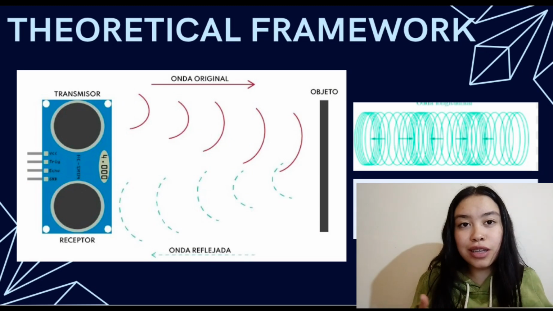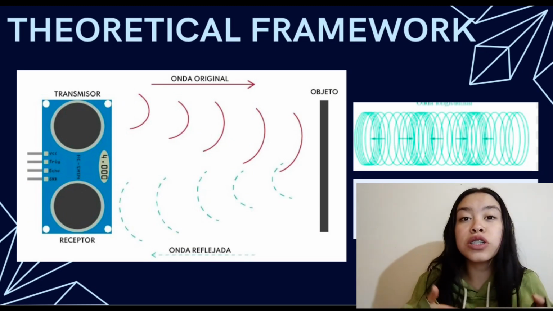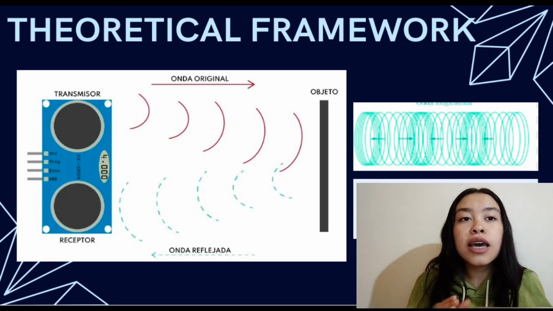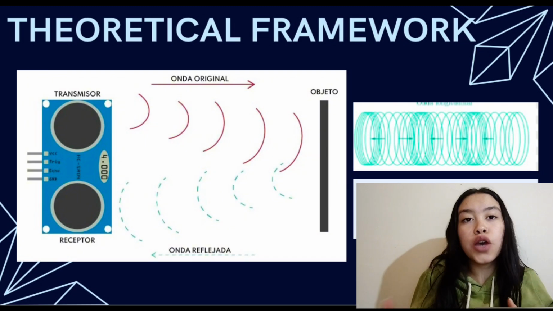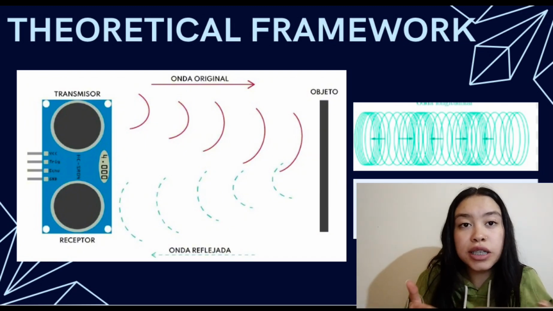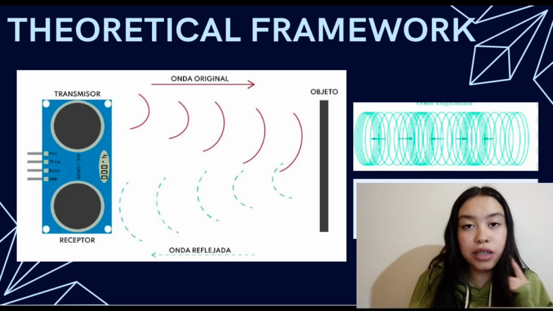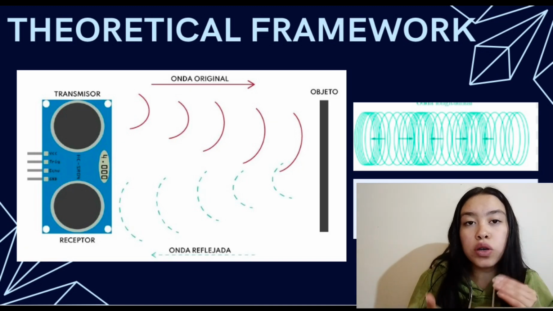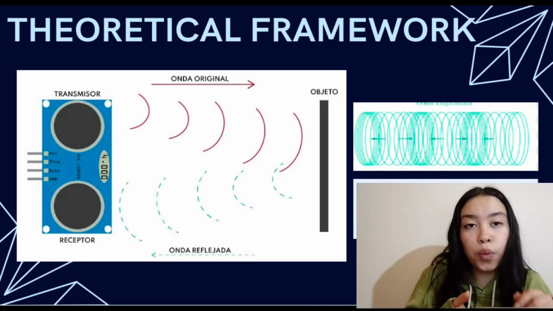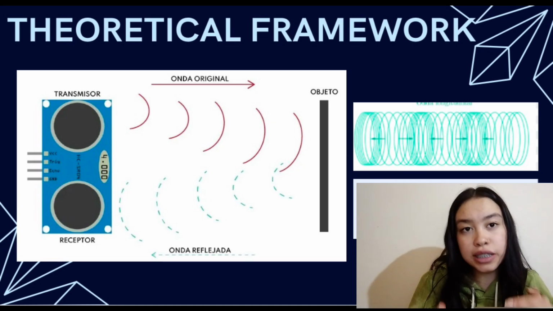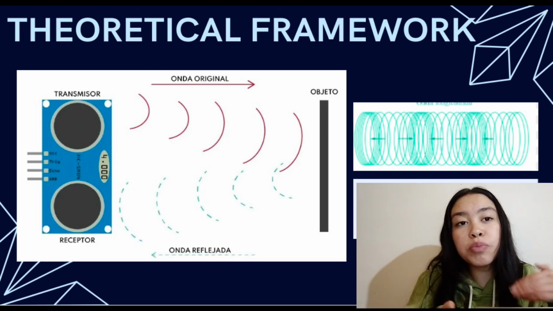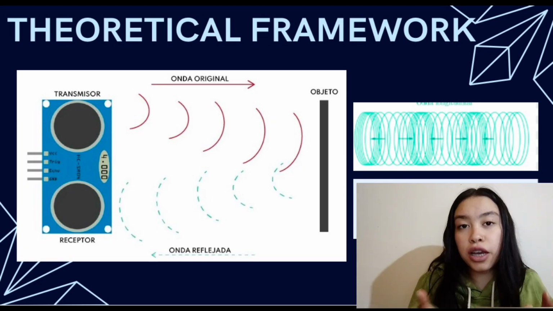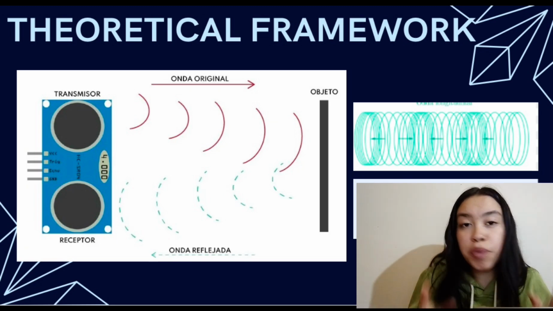An ultrasonic sensor uses mechanical ultrasound waves, generally above 20 kHz, a frequency above the range audible to human ears. To measure the distance of the object, the type of wave is a longitudinal sound wave, in which the particles in the medium vibrate in the same direction as the wave propagation.